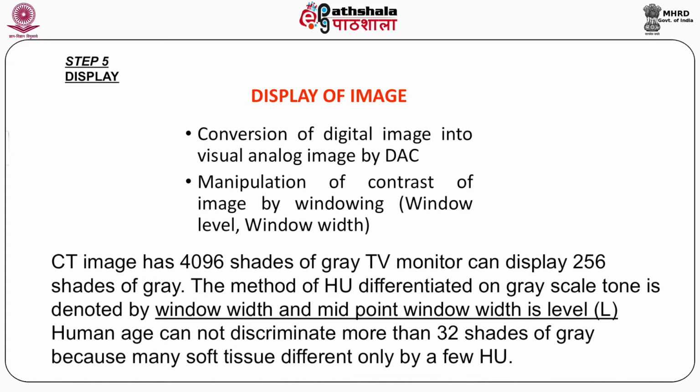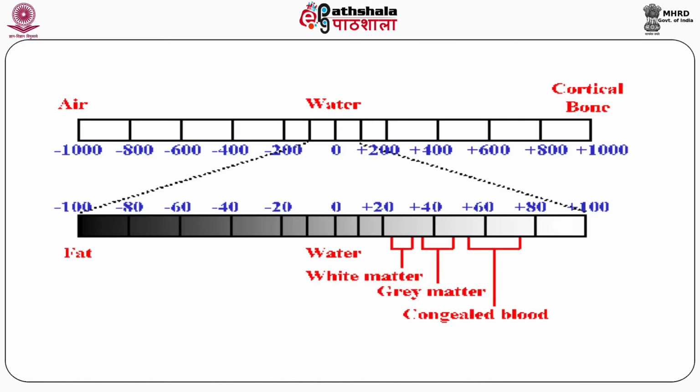Because the human eye cannot discriminate more than 32 shades of gray, and many soft tissues differ by only a few Hounsfield units, we use this windowing.